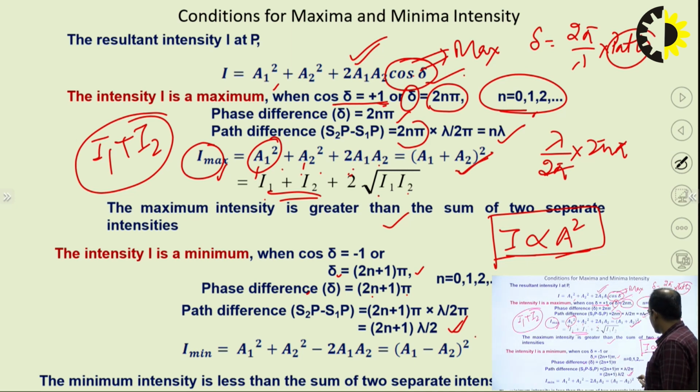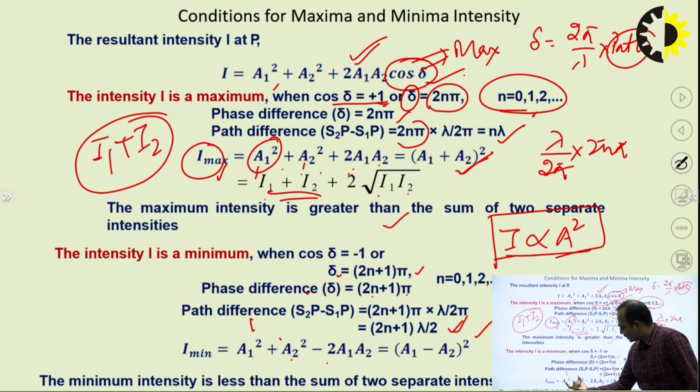This is nothing but A1 minus A2 whole square. So you can write here the minimum intensity is less than the sum of two separate intensities. If I write this formula in terms of intensities, then we can write here I1 plus I2 minus 2 under root I1 I2.